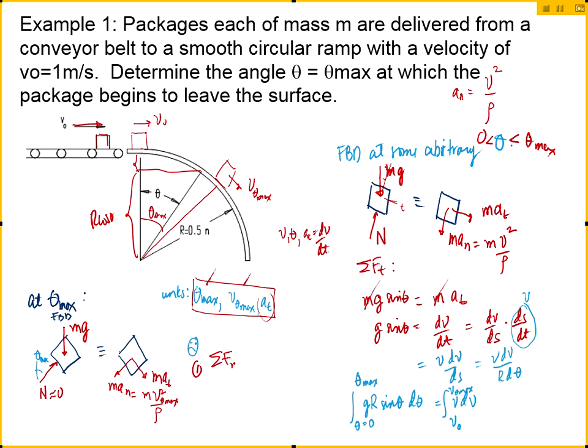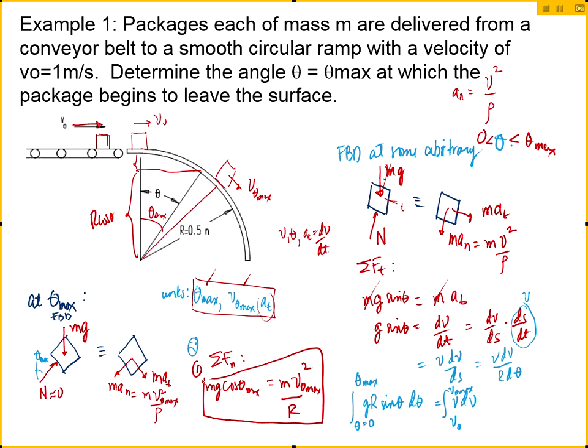I'm going to do it along the normal direction, right? Summation of forces in the normal direction will give me m g cosine theta max, normal is in this direction, must be equal to m v theta max squared over rho. You okay with this equation?